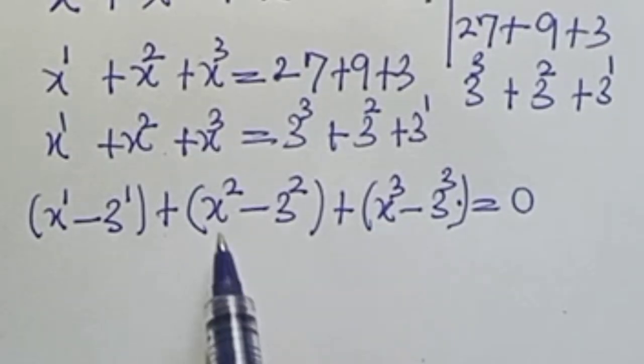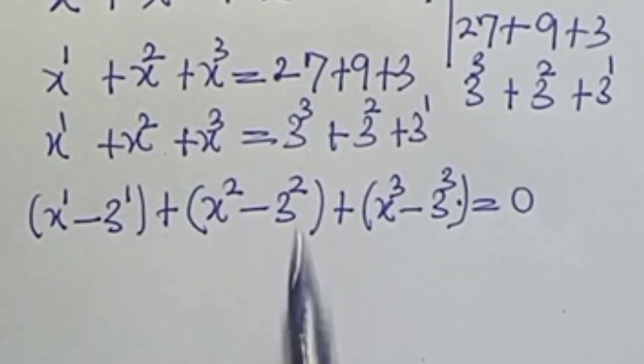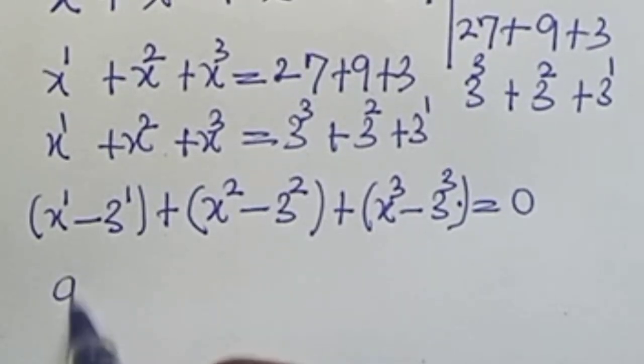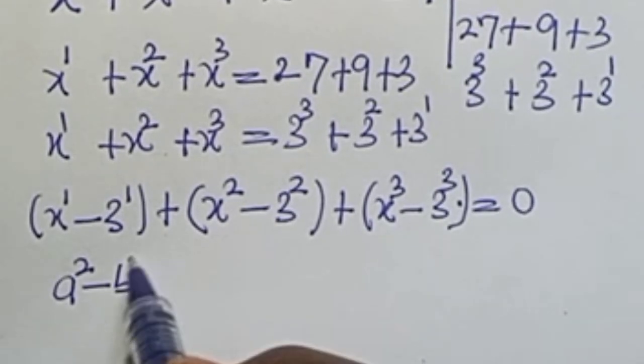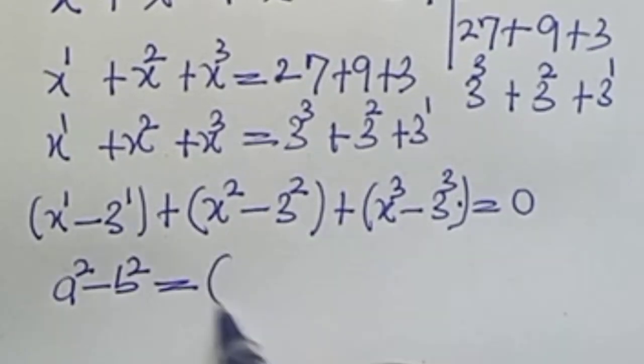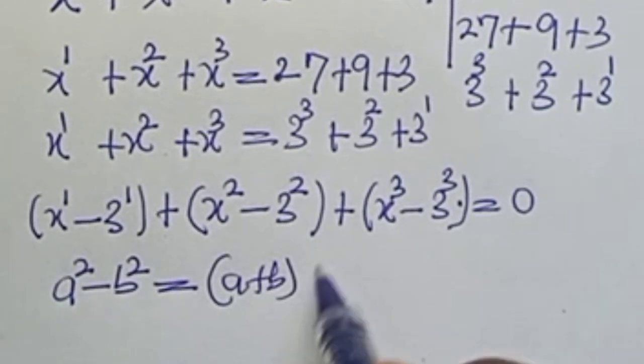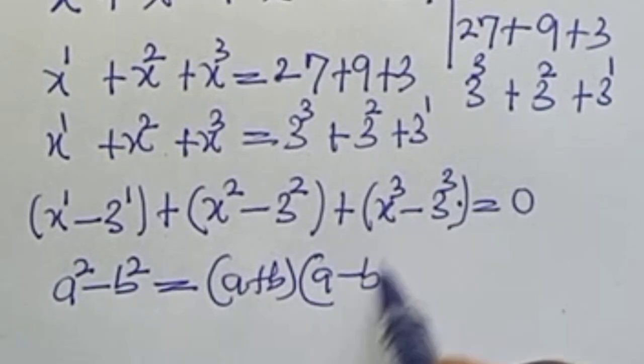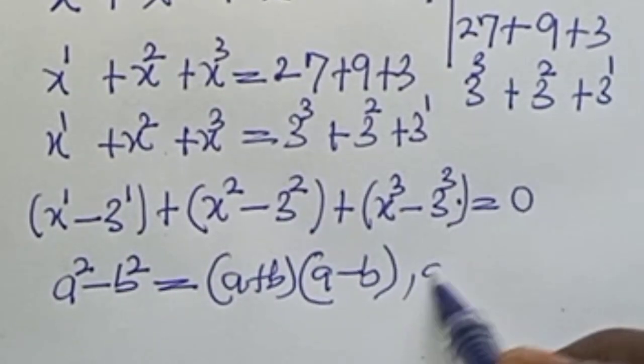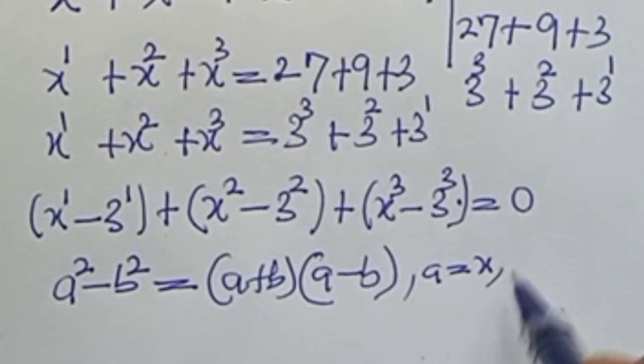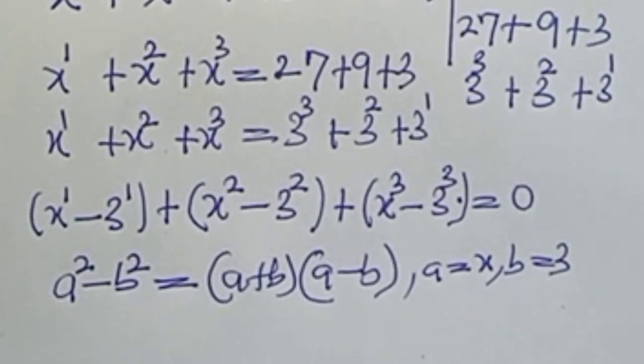But here, x^2 minus 3^2 is in the form of a^2 minus b^2, which is represented as a plus b into a minus b, where a is equal to x and b is 3.